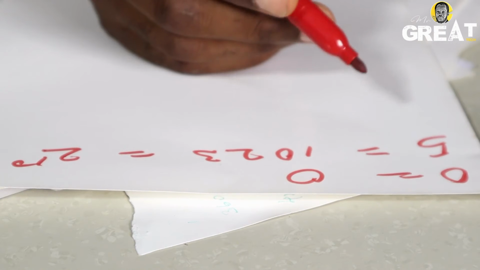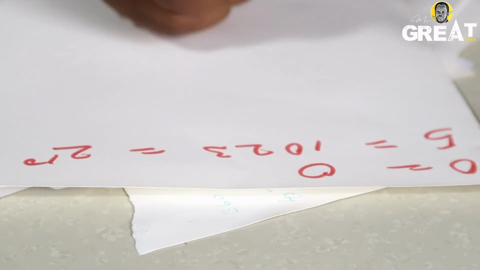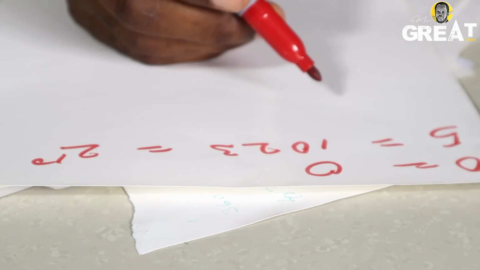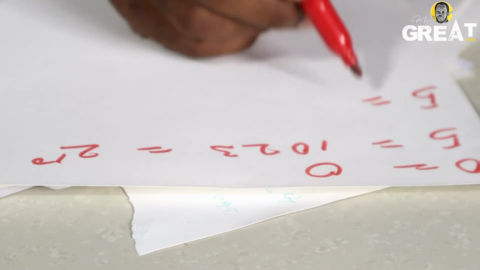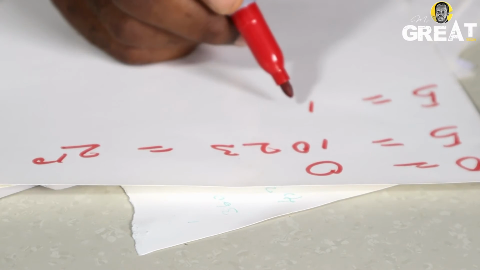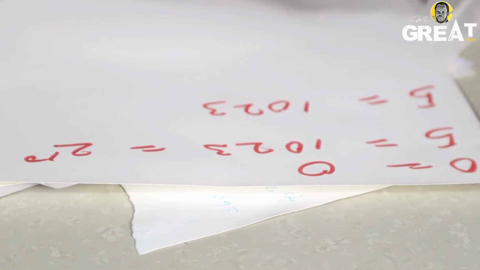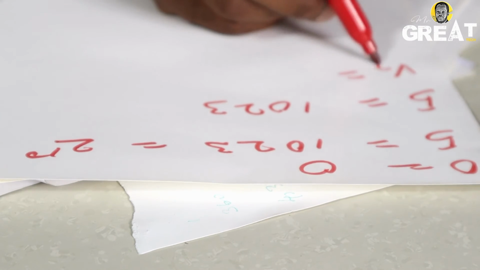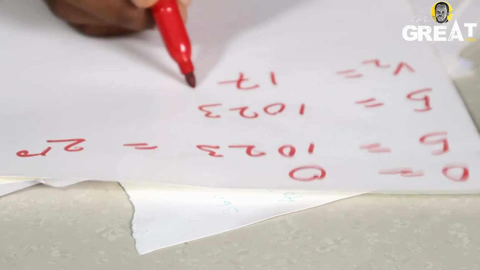Now you have V2, which is reading 179. So if 5 is equal to 1023, and V2 is equal to what? 179.